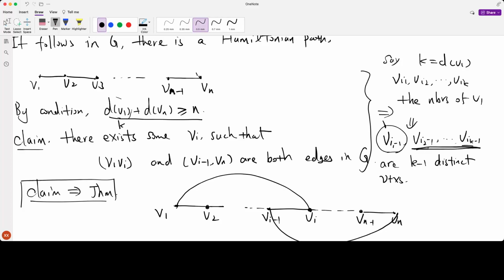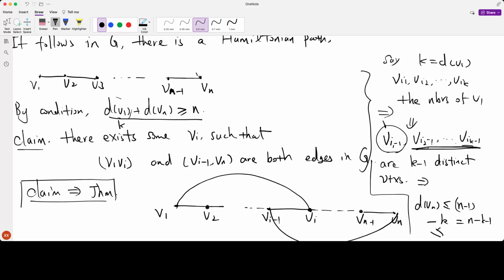So what are other choices for the neighbor of Vn? There are not many. So we know that V1 is not a neighbor of Vn. And all these k minus 1 distinct vertices are not neighbors of Vn. So it means that degree of Vn is at most, so there are at most n minus 1 choices because it does not join itself, and then minus k, which is n minus k minus 1.